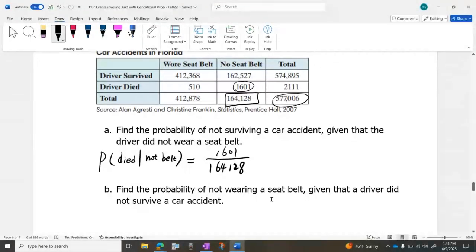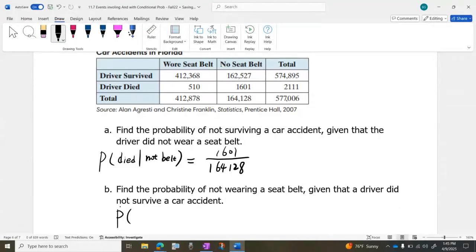So that's part A. Part B. Find the probability of not wearing a seatbelt given a driver did not survive a car accident. This time, we're going to switch the two events.